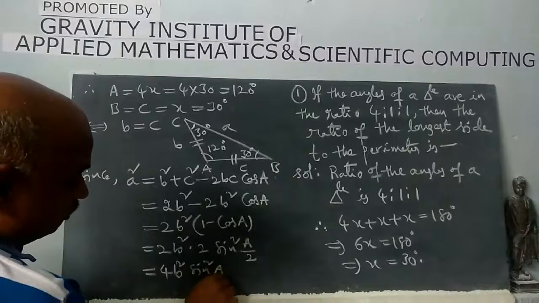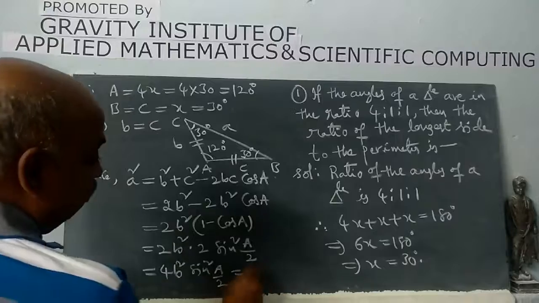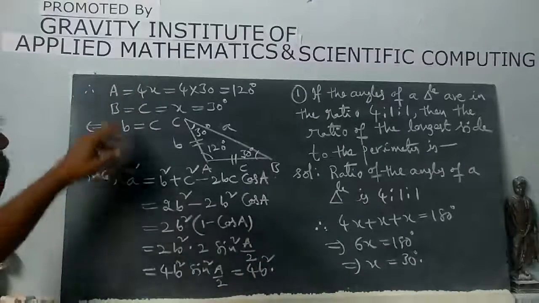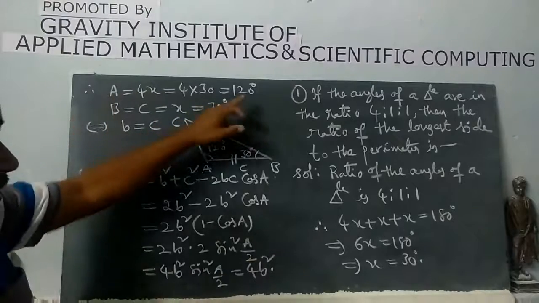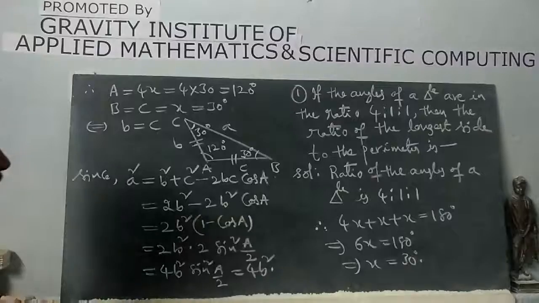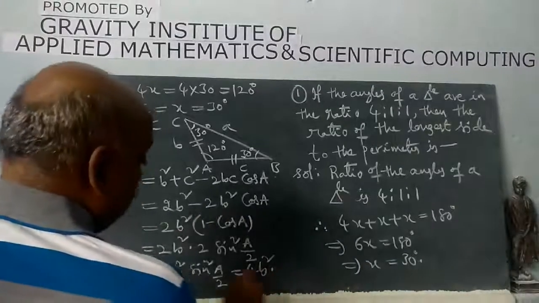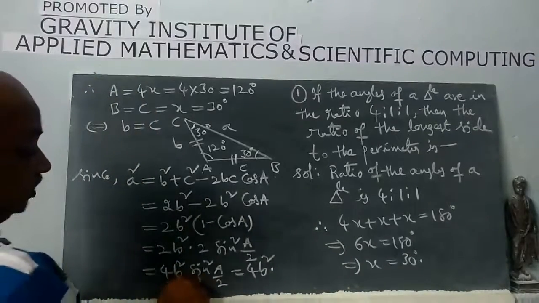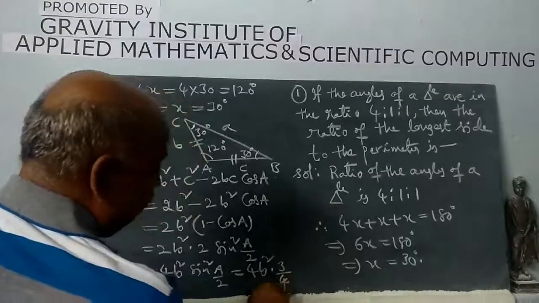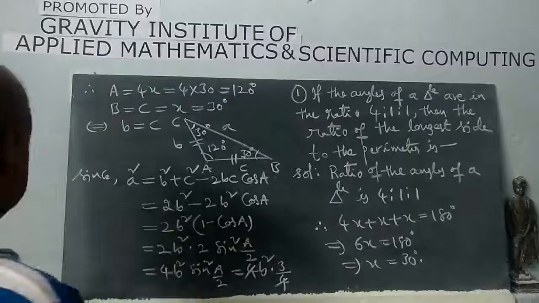This is equal to 4b square into, the value of angle A is 120 degrees. So 120 by 2, which is 60 degrees. So sin 60 is root 3 by 2. Root 3 by 2 whole square, which is 3 by 4. The 4 gets cancelled.